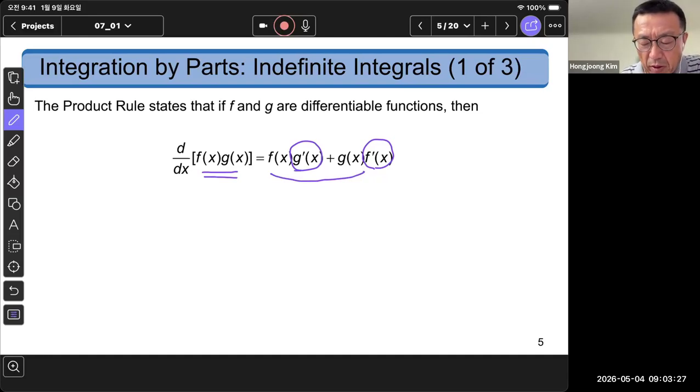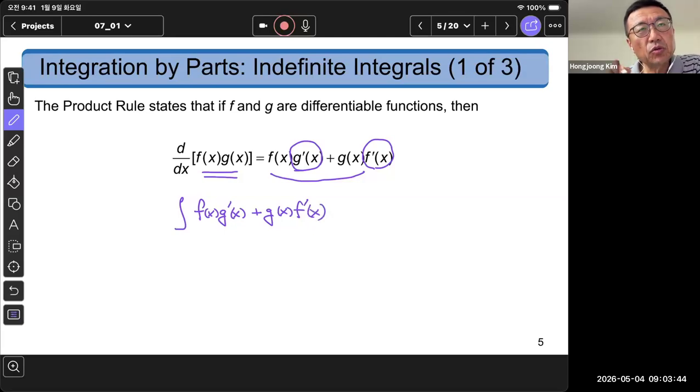If I integrate f(x)g'(x) plus g(x)f'(x), then you will obtain an antiderivative, f(x) times g(x) plus a certain constant, right? So that will be the corresponding formula for the product rule.